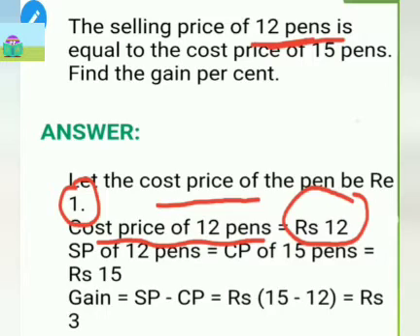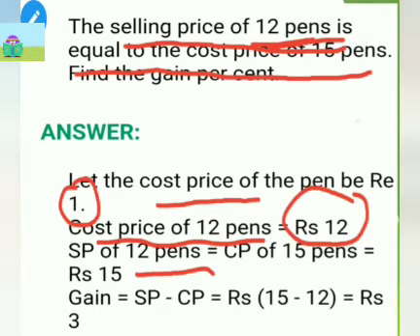In the question it is given that the selling price of 12 pens is equal to the cost price of 15 pens, which is equal to rupees 15, because 1 pen costs rupees 1. So 15 pens cost will be rupees 15.